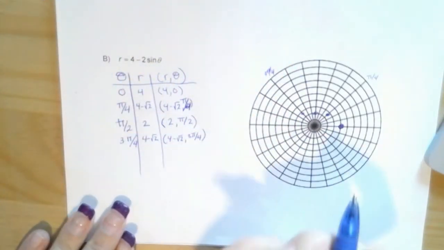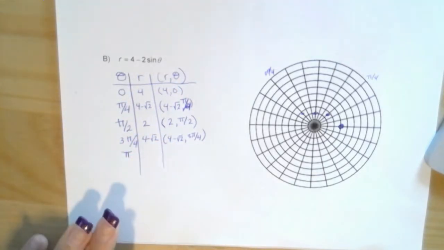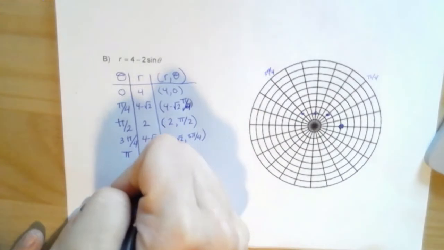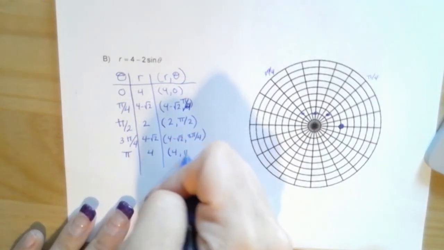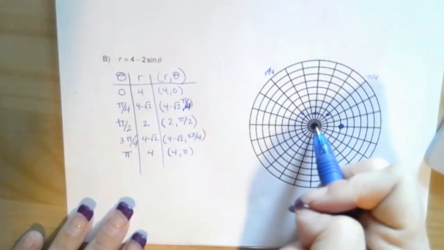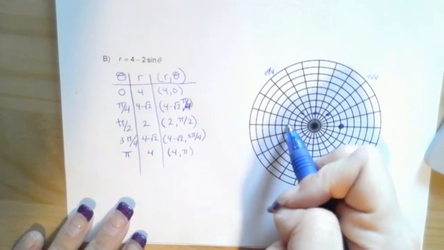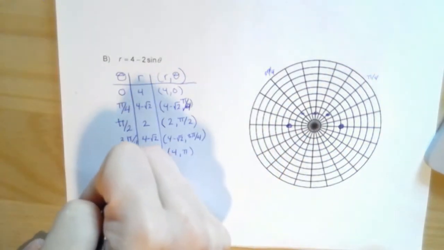All right, we're not repeating yet, so we're going to keep going. So if I plug in pi, sine of pi is 0, so this is 4. And I get 4 comma pi. So I look at my pi and I go up 4. 1, 2, 3, 4. Next one, 5 pi over 4.